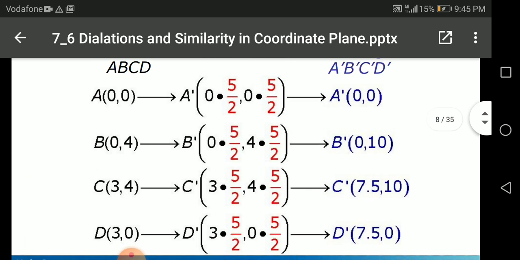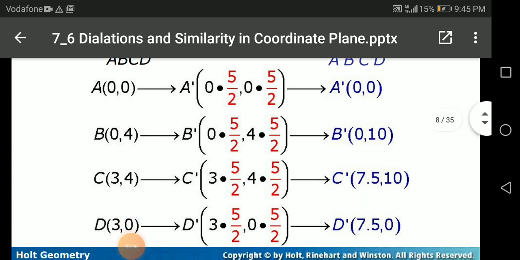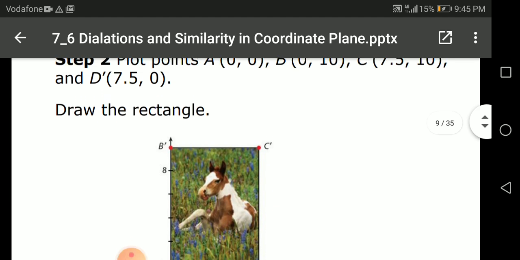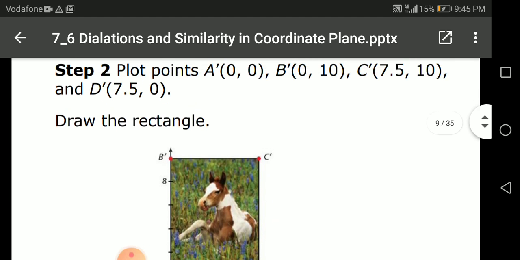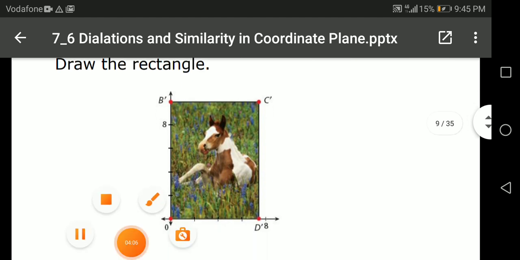After writing the four new borders, I will draw them on the coordinate plane. Draw the new rectangle with the new points given: A is 0 and 0, as you see.